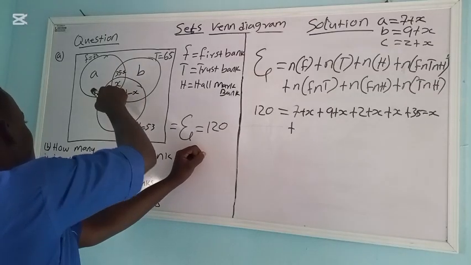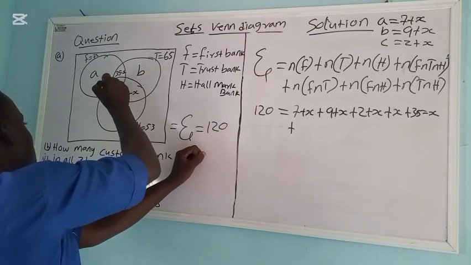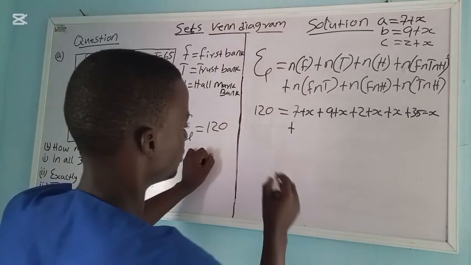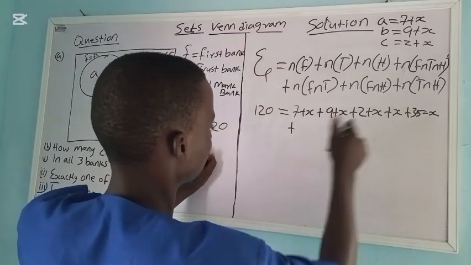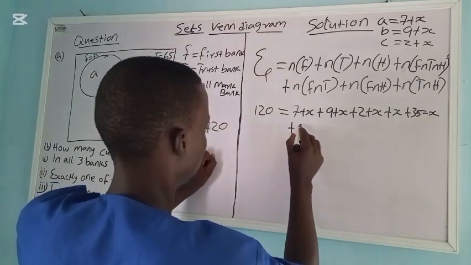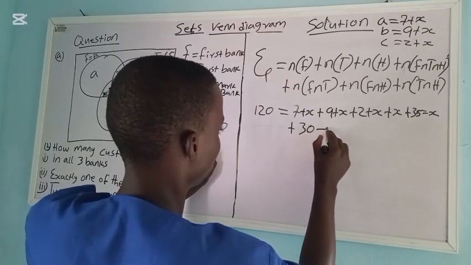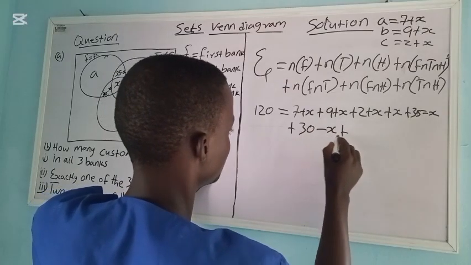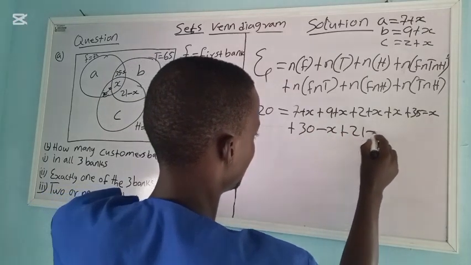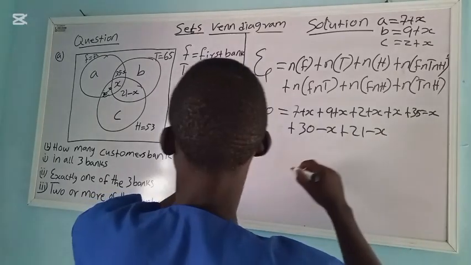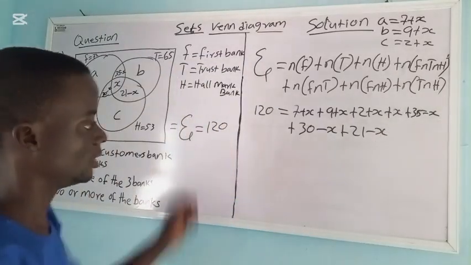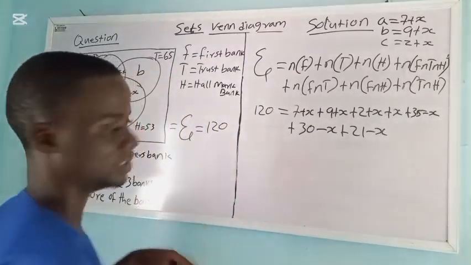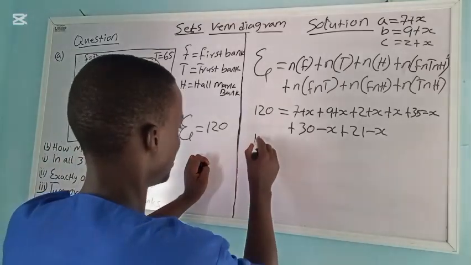This one is minus, this one too is minus. Then we'll have 30 minus x plus 21 minus x. I think that's all. Yeah, that's all. So now we'll correct that and solve it.